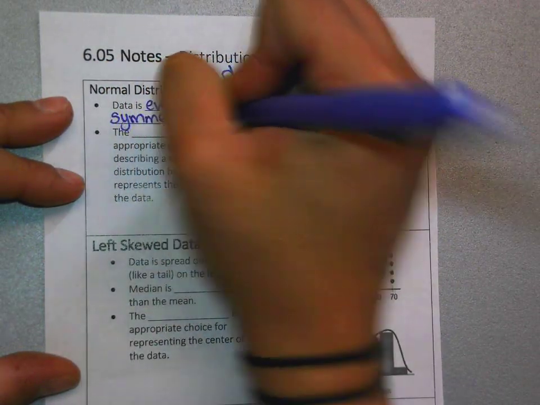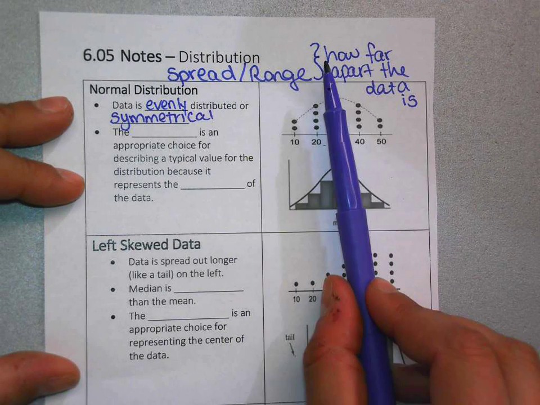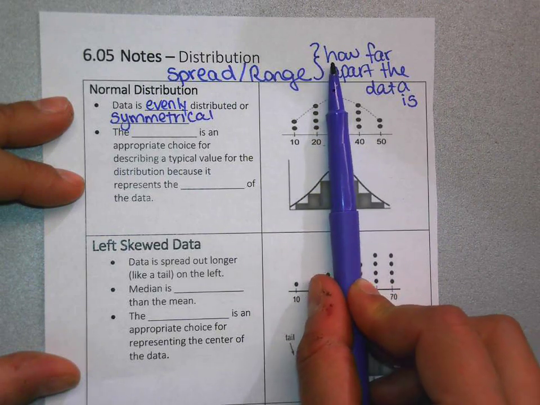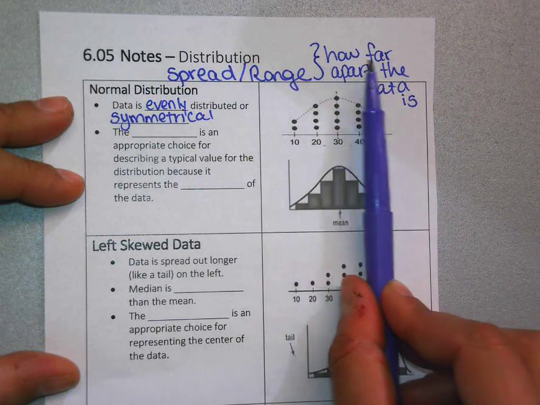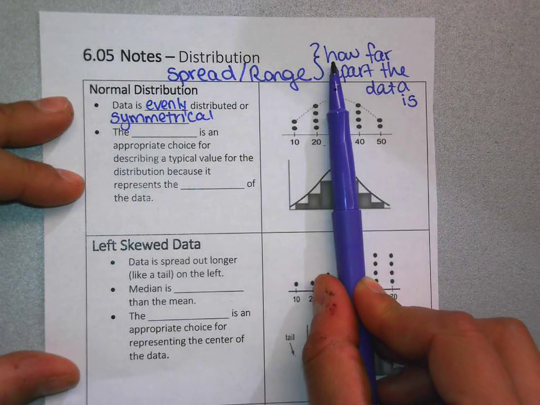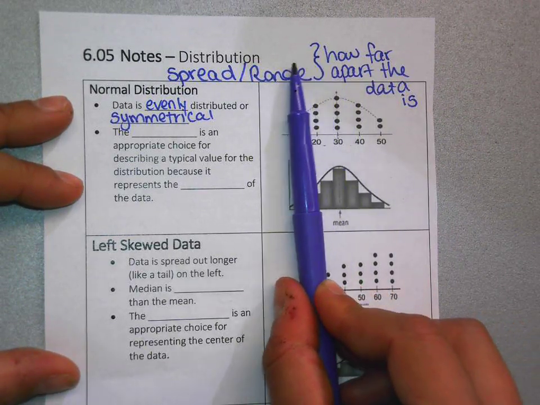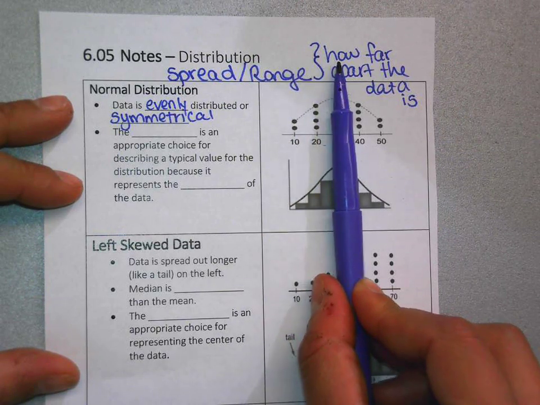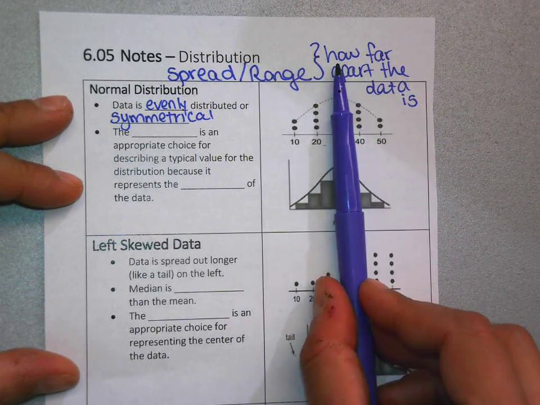Symmetrical means if I were to take my pen and cut this graph in half, either one, they would be even on both sides. Or if I folded my paper over, we would see that this side of the graph would perfectly lay over this side of the graph.